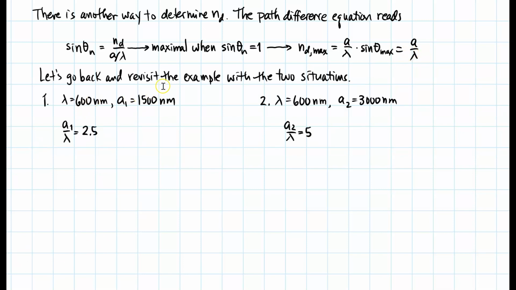Let's go back and revisit the example with the two situations. In that case, we had case 1, which gave us this wavelength and this slit opening. The diffraction parameter was 2.5. In case 2, the diffraction parameter was 5. So if I calculate the maximum value nd max, in the first case I get 2.5. In the second case I get 5.